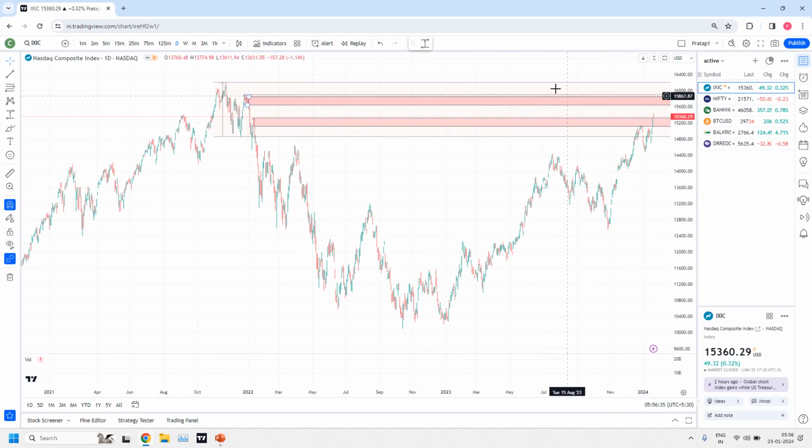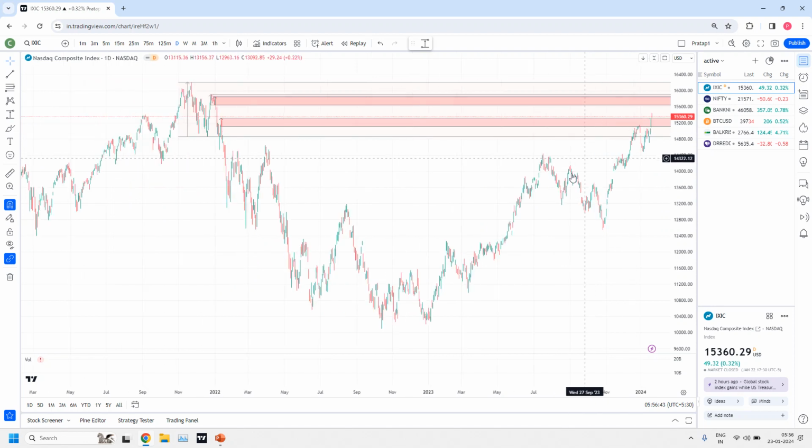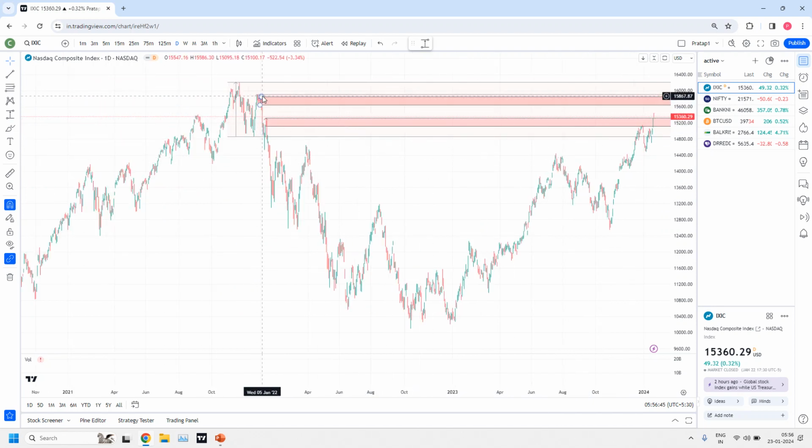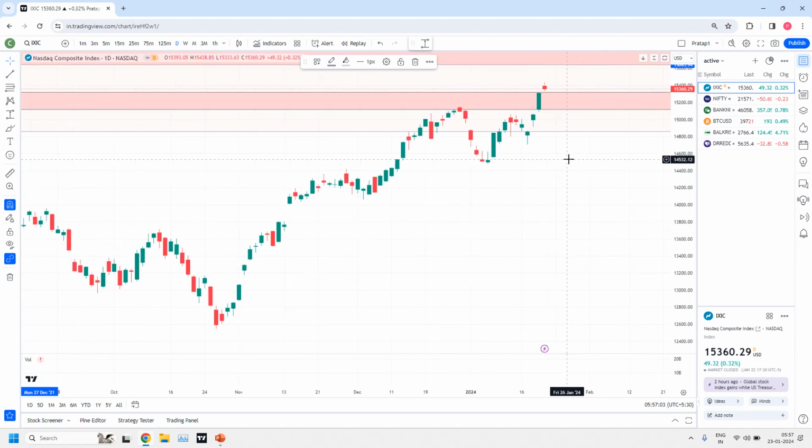Generally, what happens after reaching the monthly zone, price direction will be changed. And such kind of change you can see when daily is overlapped with weekly is overlapped with monthly. In such kind of situation, mostly you can see a change in the price direction. That kind of setup is having higher success rate. That is what we have just clearly seen.